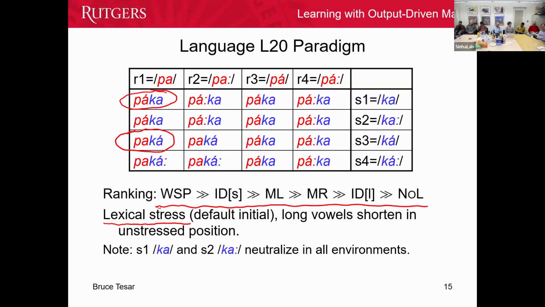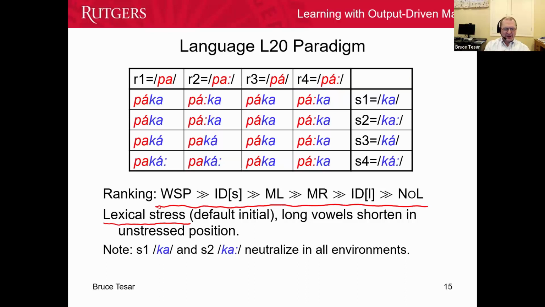Maybe I'm misunderstanding. Well, in the case of this language, it's not always preferred to have the stress first. And it's not even always the case that you have the longest vowel first. It depends on the morpheme you're dealing with.